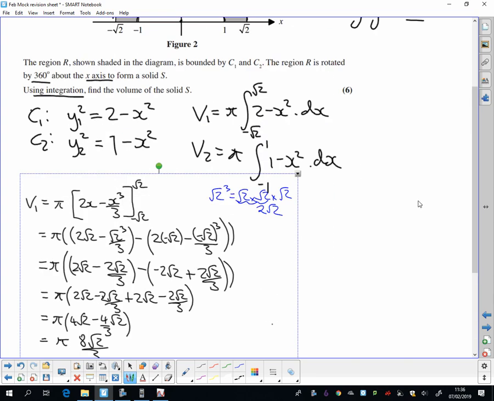Now I'm going to do my second volume. This one's probably going to be a little bit easier to work out. We've only got negative 1 and 1 to substitute in.